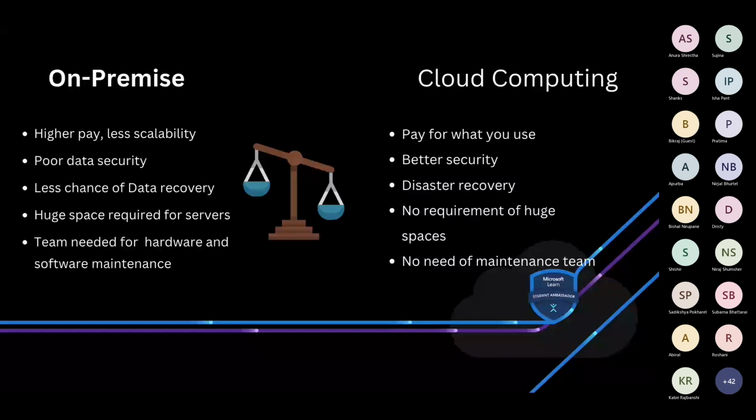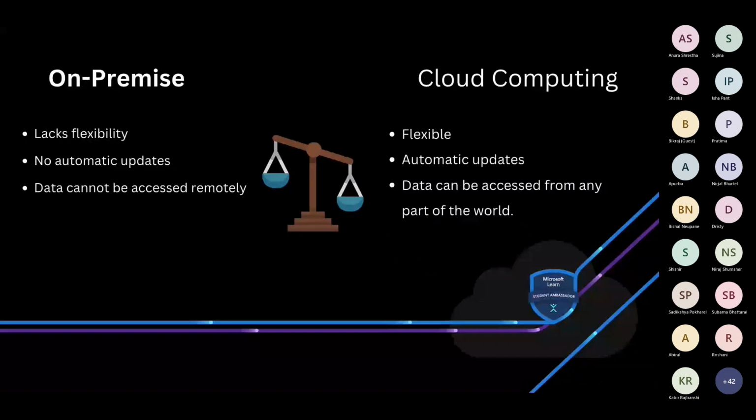Moreover, on premises lacks flexibility. If you have an organization where you have to switch the roles, or switch the ideas or strategies, or switch the files, in a way that you need to turn the business in a different route.